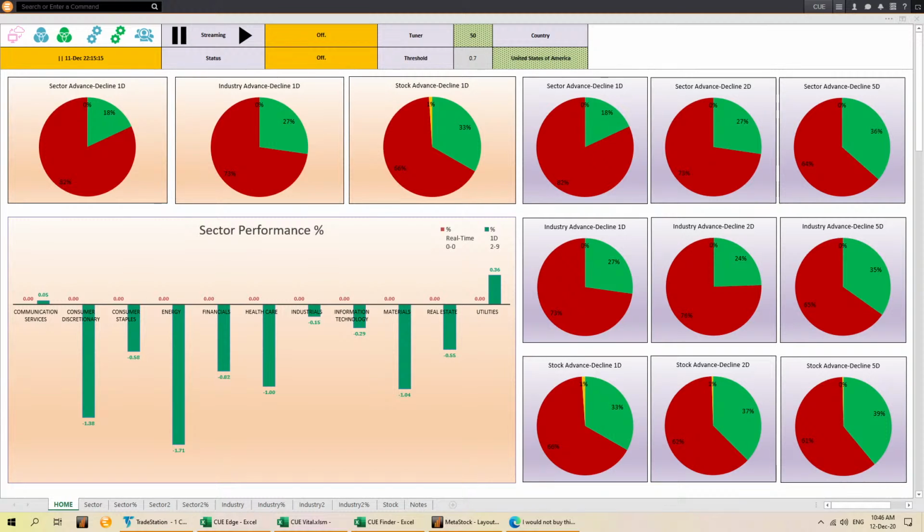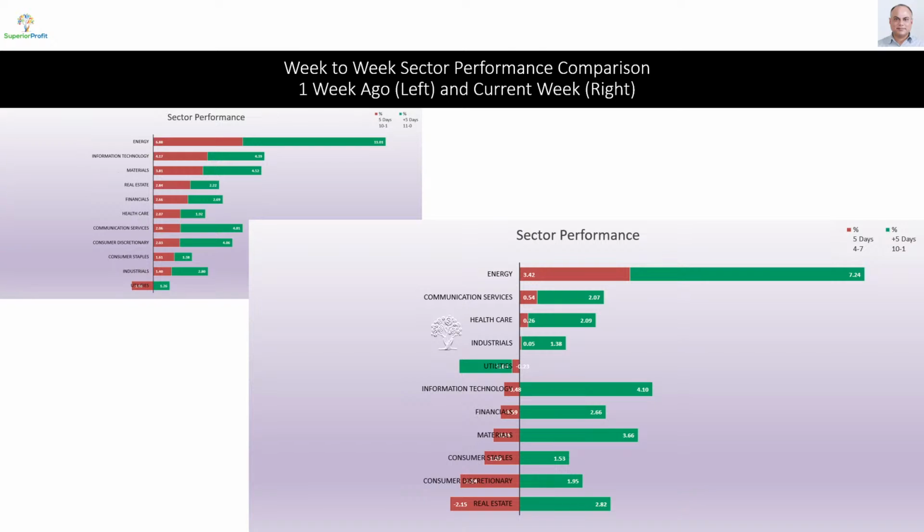Now let's look at the week to week sector comparison chart that I share every week. I create those charts using Atge. These are the two charts.